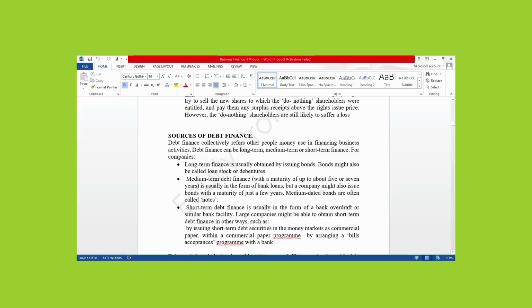We discussed this, that a company can issue a bond, a debt instrument that a company uses to borrow money for a long term. This bond might be called debentures or loan stock. We discussed this.